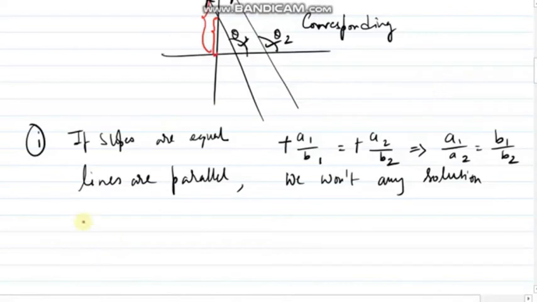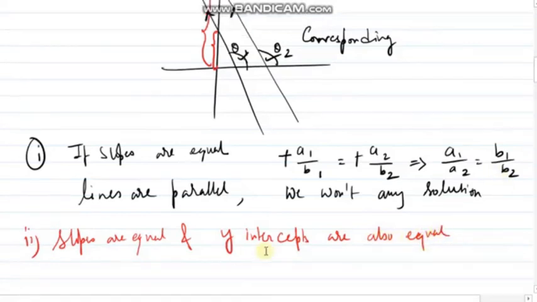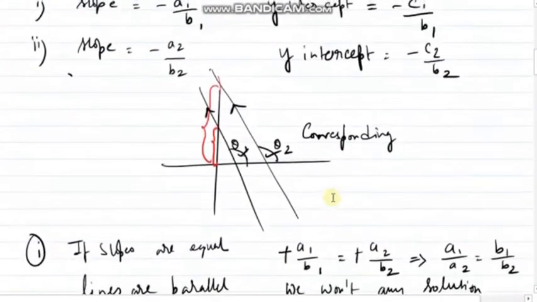Now in the second case, if I say slopes are equal and y-intercepts are also equal, what is going to happen that time? Slopes are equal and y-intercepts are also equal.